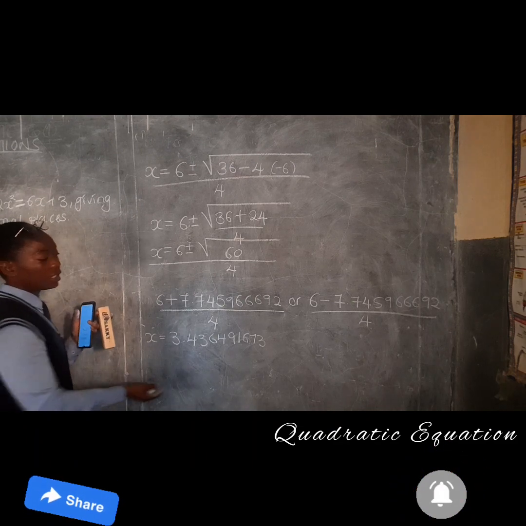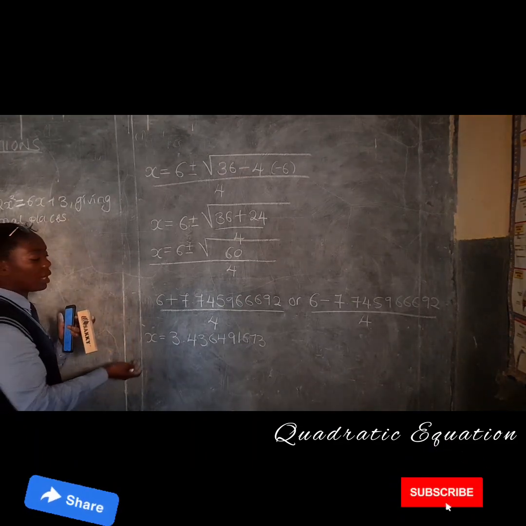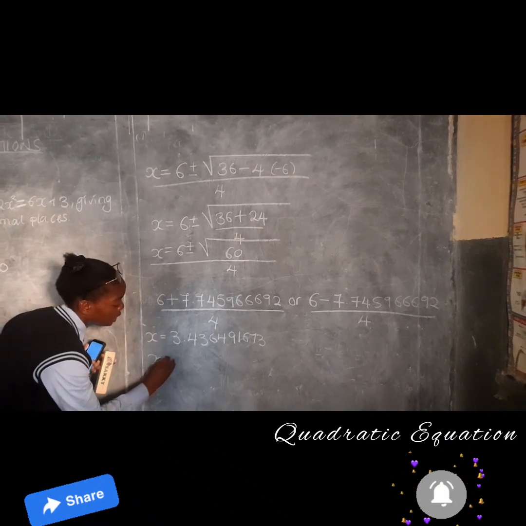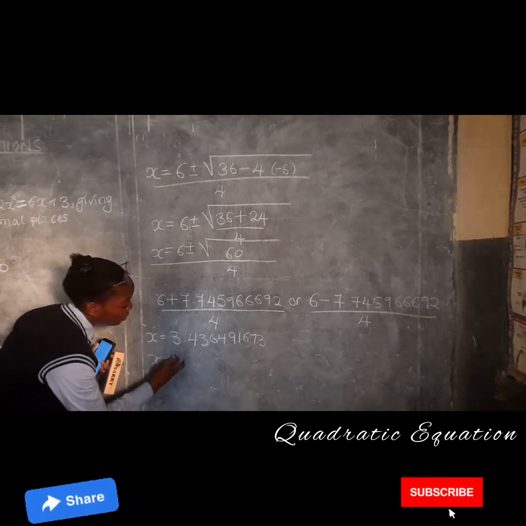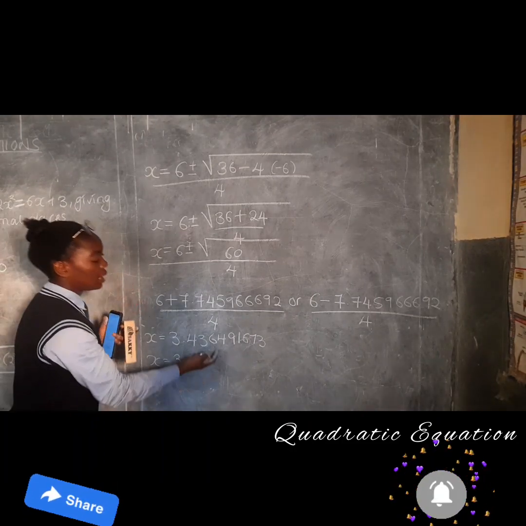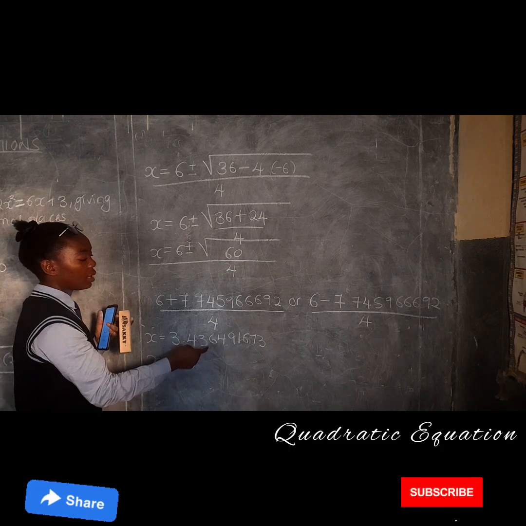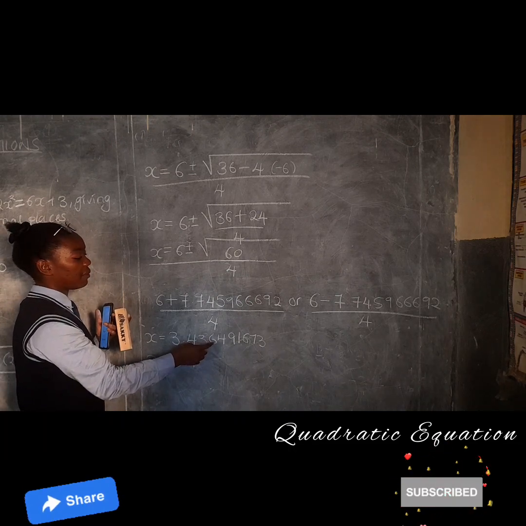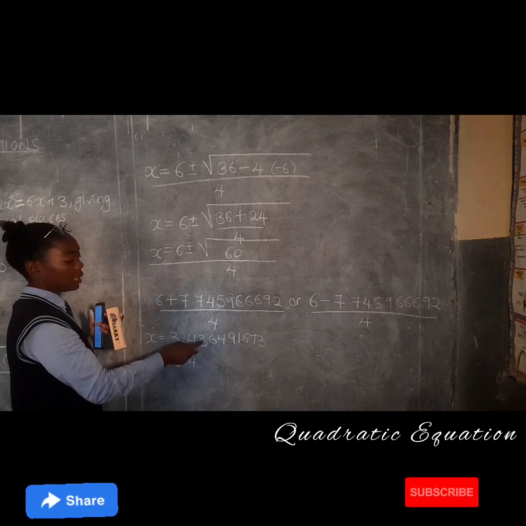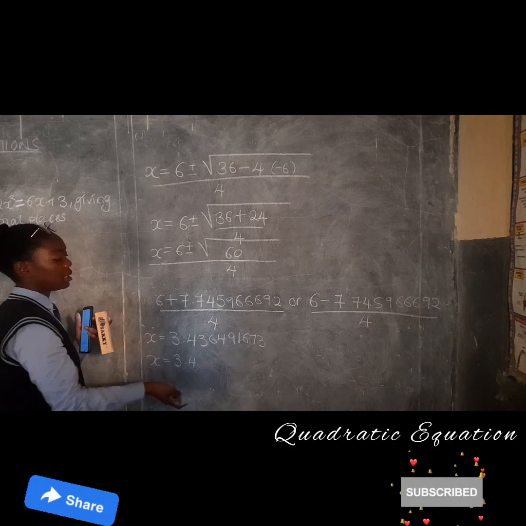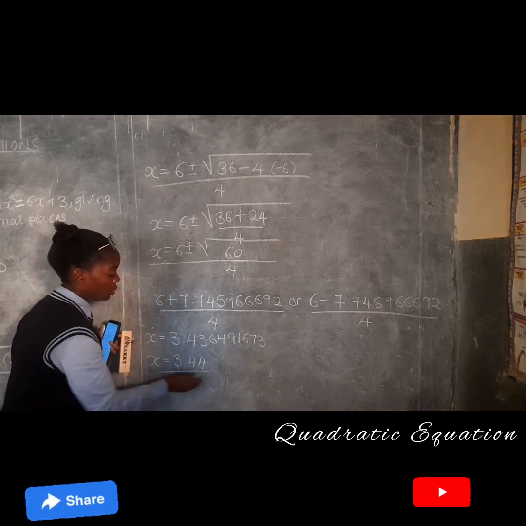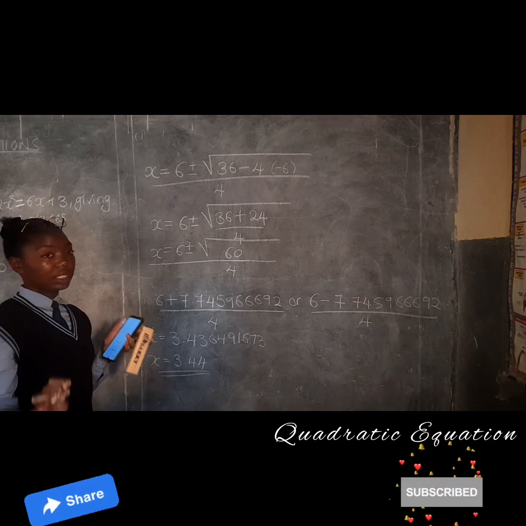So this answer we found is not in 2 decimal places, so we're supposed to correct it to 2 decimal places. Our answer is going to be 3.4, then 6 is greater than 5, so we're supposed to add 1 to the 3, and it's going to be 4. So we found 3.44. We're not yet done.